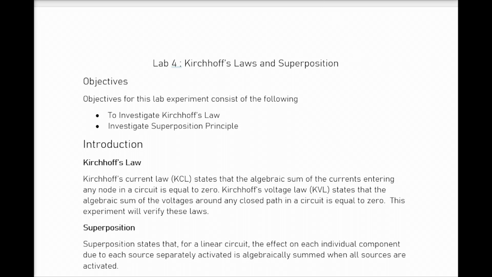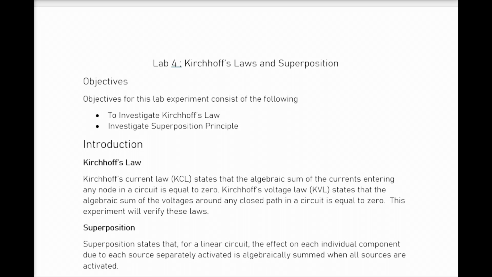laws are mentioned, one of which is Kirchhoff's current law, and that states that the algebraic sum of the currents entering any node in a circuit is equal to 0. That means if in a node you take the amount of current entering and the amount of current exiting and do the algebraic sum of that, then that algebraic sum would be equal to 0.